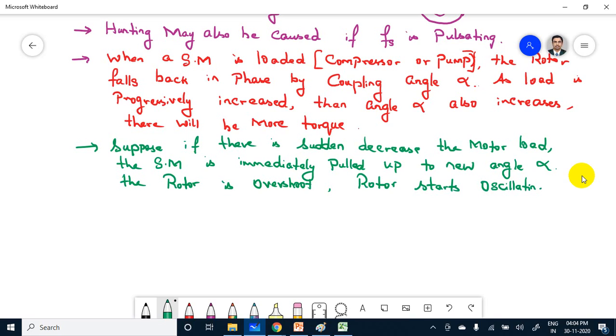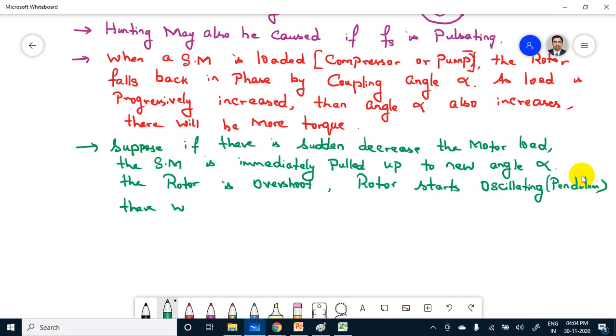Oscillating means the movement is like a pendulum. So because of this oscillating, there will be a new position.